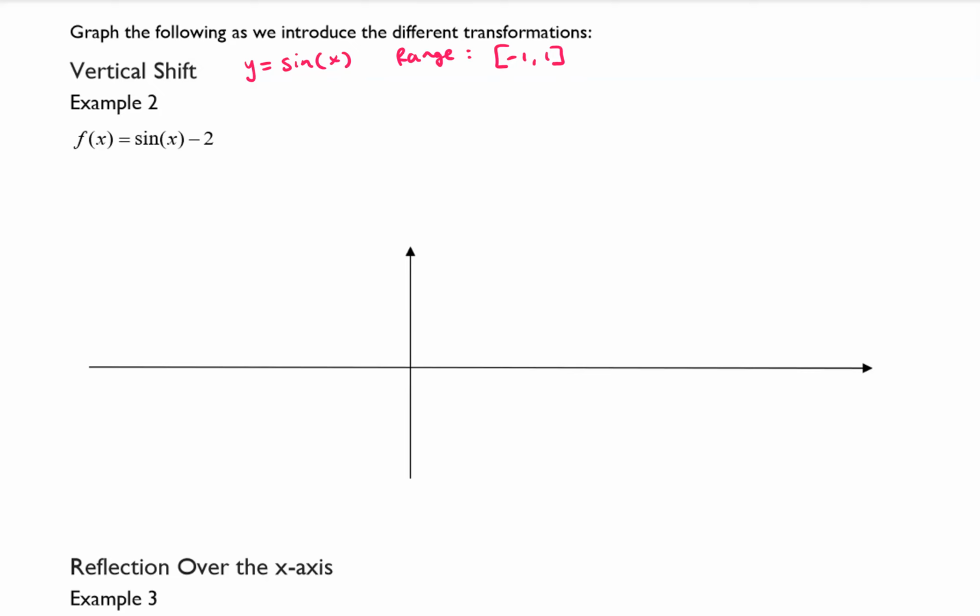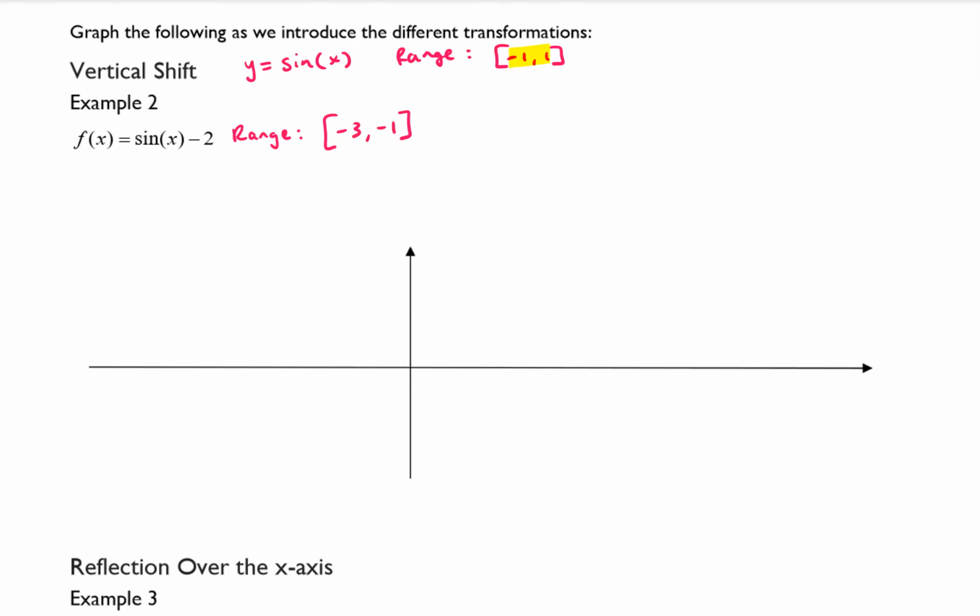And notice that if we have sine of x minus 2, where the minus 2 is outside of the parentheses, we are taking all of our range values and subtracting 2 from them. So the range of this thing is going to be -3 to -1. And the way that I got those endpoints is I subtracted 2 from each of these endpoints.